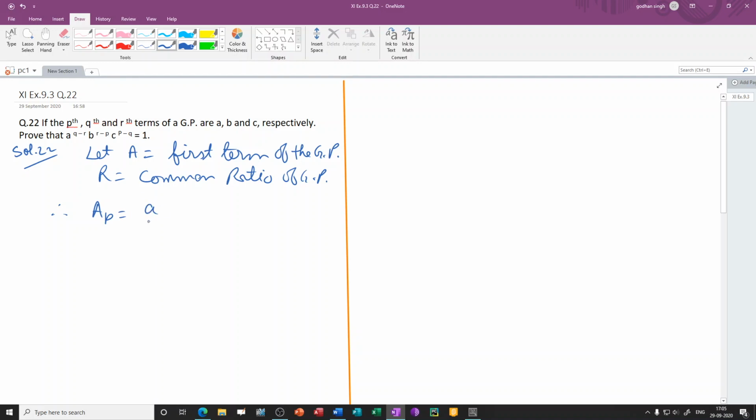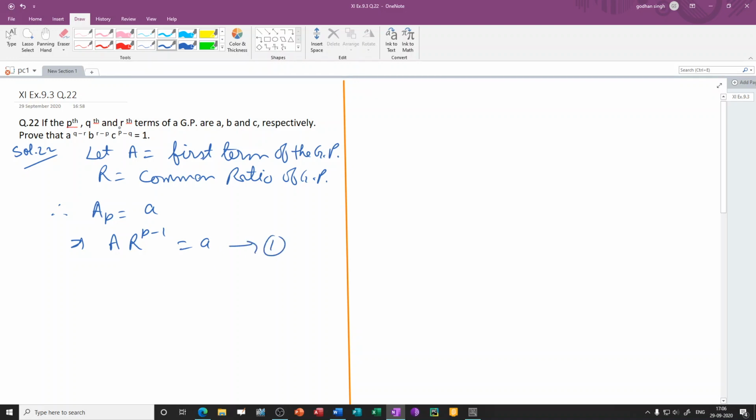If we apply the formula of An, we will be getting A into capital R raised to p minus 1 equal to small a. So let this be equation number 1.